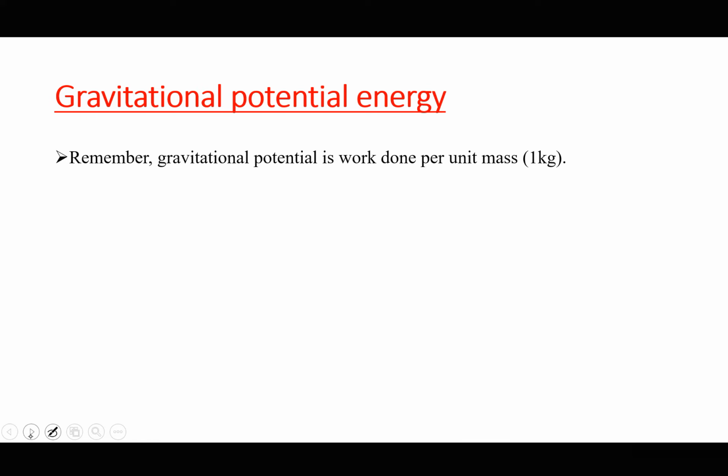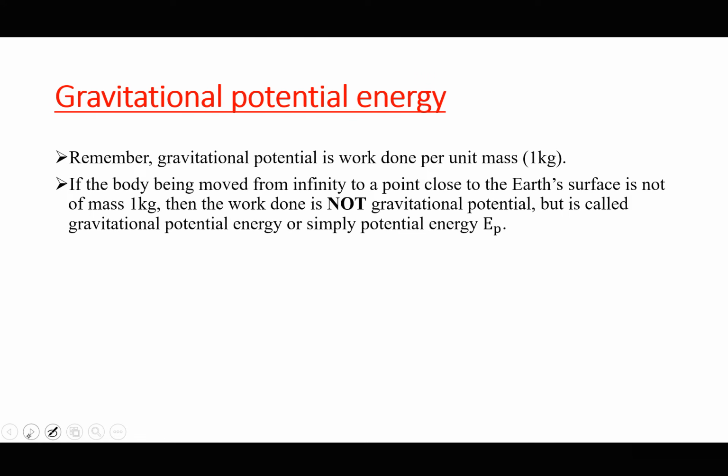And if the whole body is moved from infinity to a point close to the Earth's surface, that is, the whole mass is moved from infinity, this time we are not considering 1 kilogram, but the whole entire mass is moved from infinity to a point in the gravitational field. Then the work done to bring the whole object from infinity is no longer the gravitational potential, but it is called the gravitational potential energy.